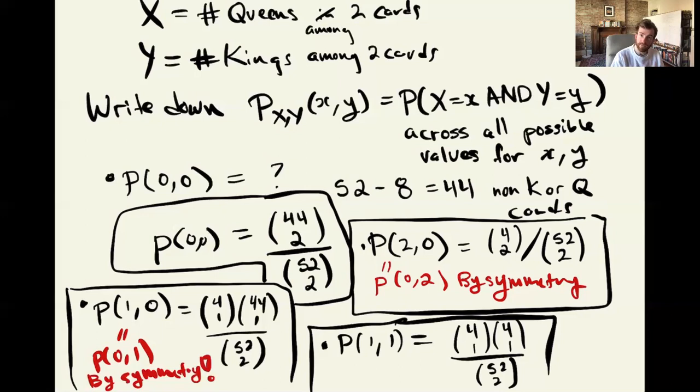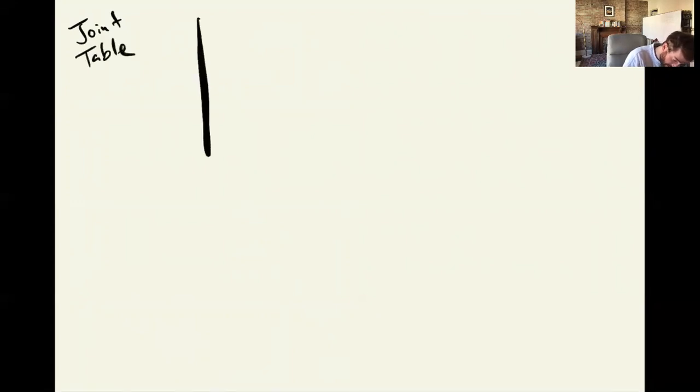So let's go ahead and tabulate some of these values, and I'm going to write them down using approximate percentages, just so we have a good idea of what these numbers look like. So again, if we write down my joint probability table, it's going to look a little something like this.